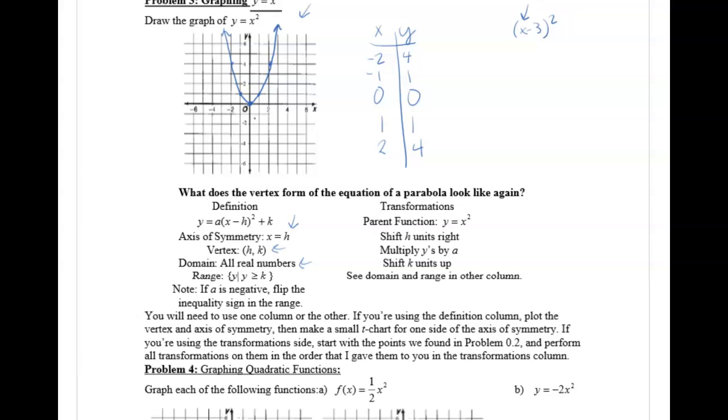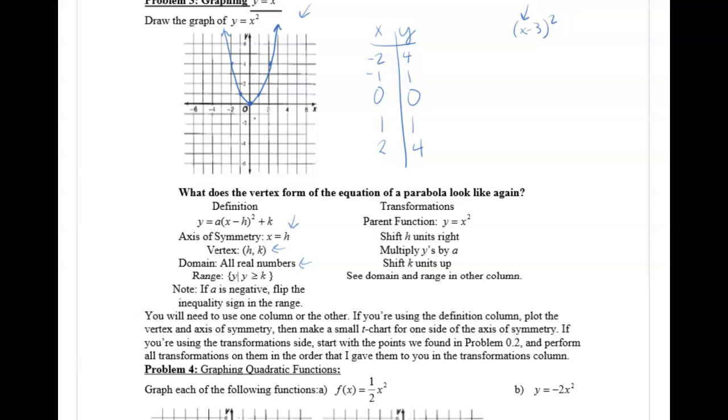So what would I do? Well, if I have the parent function of y equals x squared, I am going to shift my entire function h units right if it is a negative on the inside with that x. If it is an x plus h, then I'm going to shift h units to the left. If I have an a larger than 1, I'm going to actually multiply my y's by a.